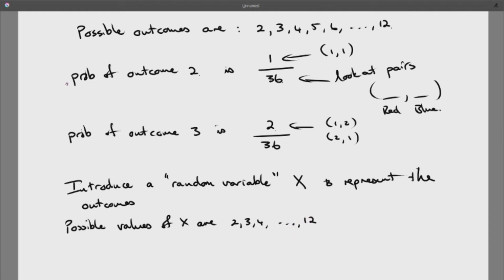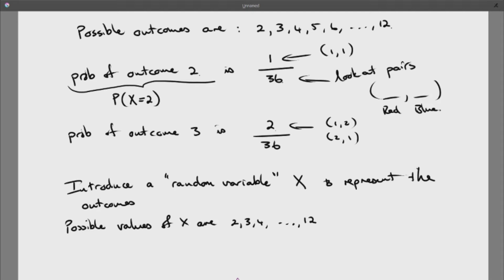So then the probability of outcome 2, we can write as the probability, with a P, of X equaling 2. It's only there for convenience, to shorten the things we are writing. That's all. We're not changing anything.